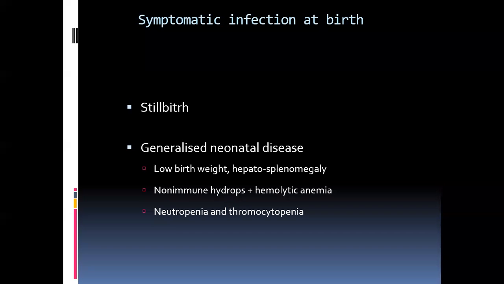Syphilis can also cause neutropenia and thrombocytopenia. So the most common features caused by syphilis are stillbirth, generalized neonatal disease, low birth weight babies, hepatosplenomegaly, non-immune hydrops, hemolytic anemias, neutropenia, and thrombocytopenia.